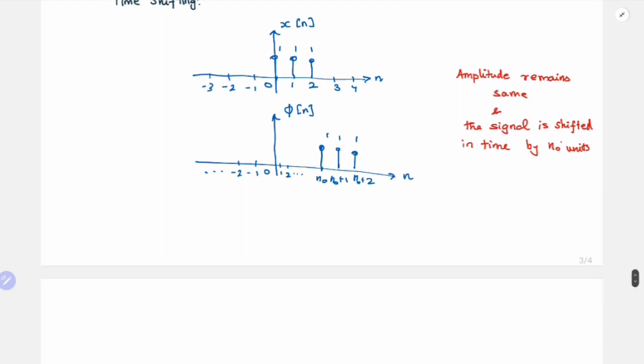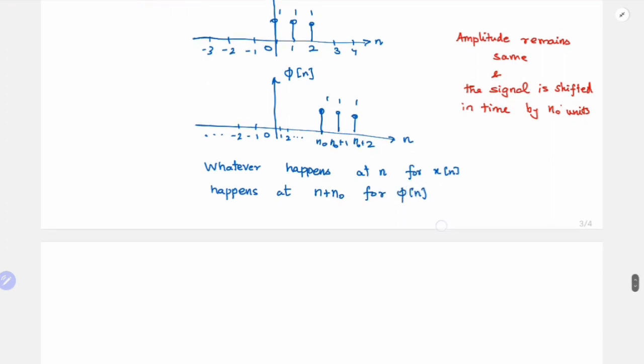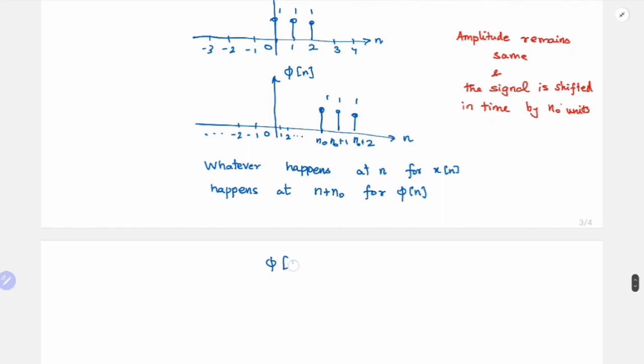So what can we see from here? Whatever happens at n for x of n happens at, where does this happen? At n plus n naught, right? For phi of n. So we can say phi of n plus n naught is equal to x of n, right?